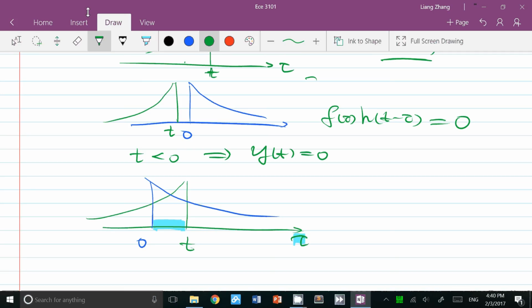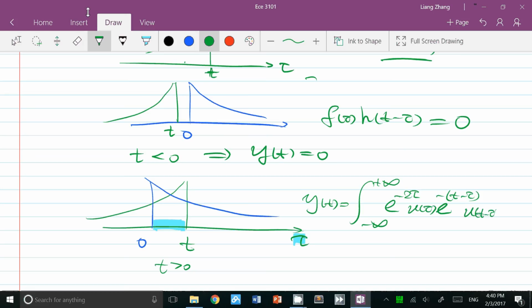So if you're taking the integral y of t, which originally should look like this, when t larger than 0, this will be equal to what?